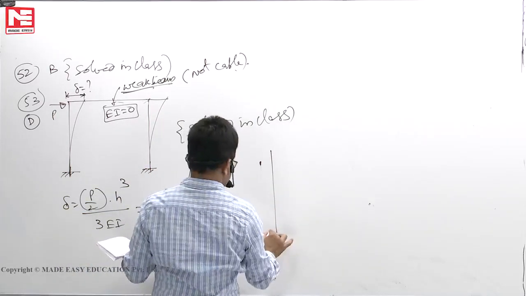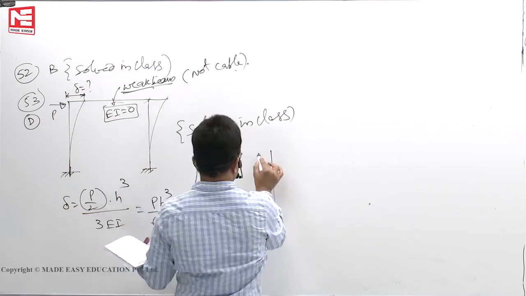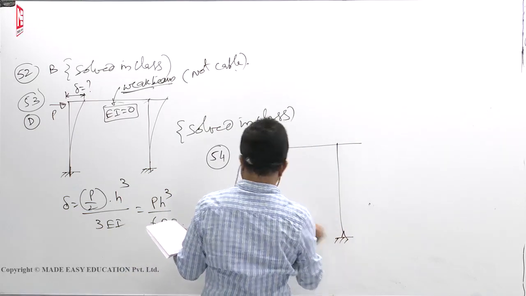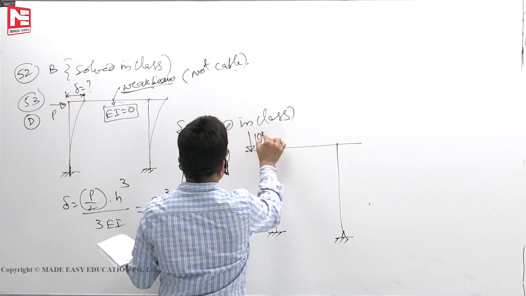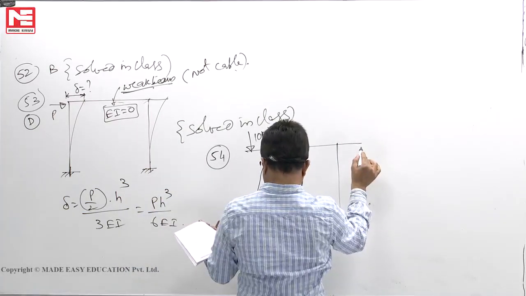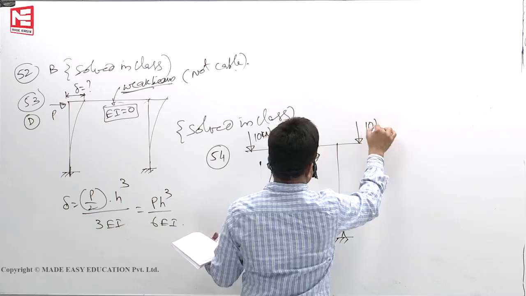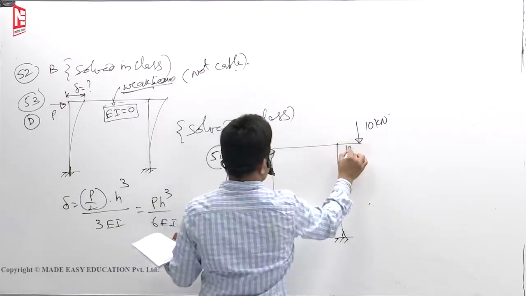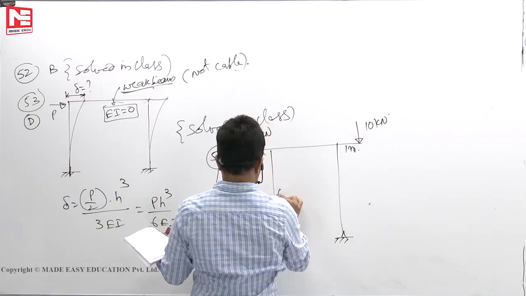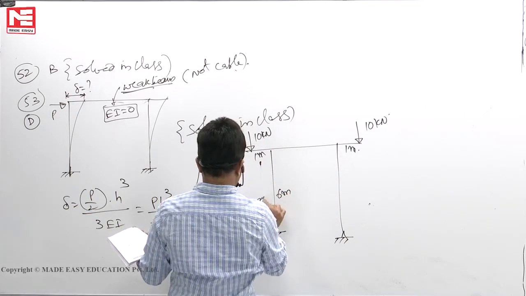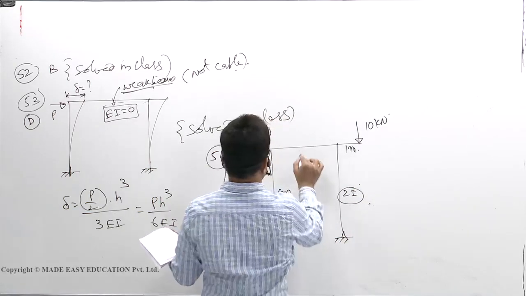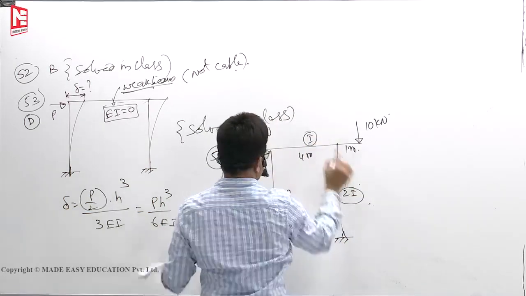one end fixed and hinge at the other, 10. Load is not given, so we have to take it as 10 only. 10, 1 meter, 1 meter, 6 meters, 2I, 2I, 4 meter, whatever values they have given.